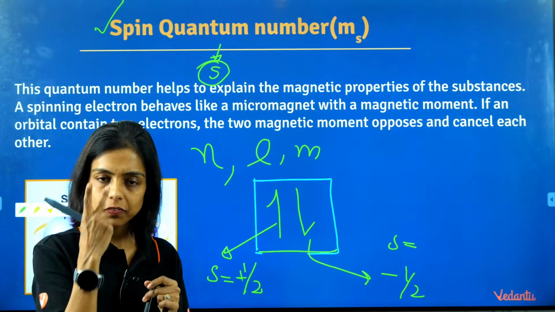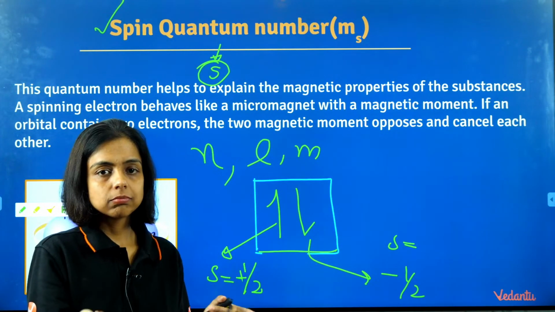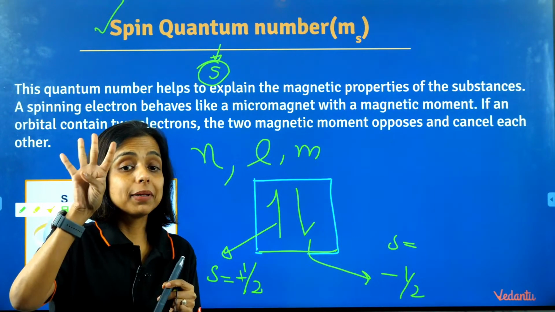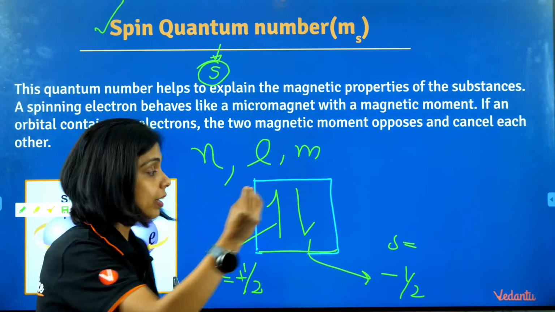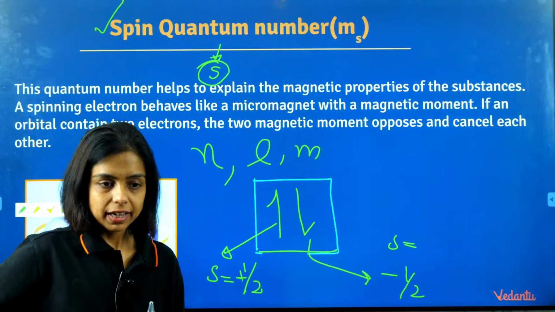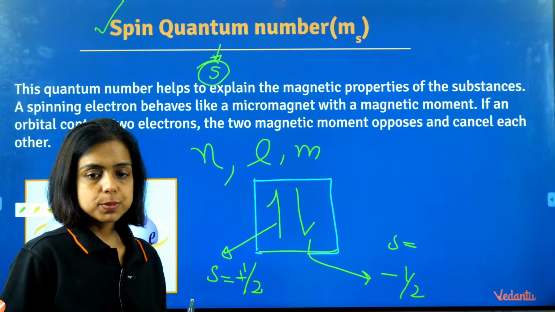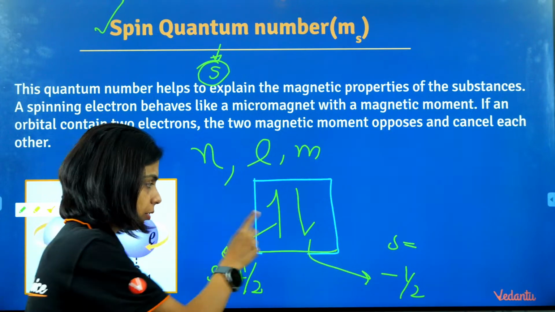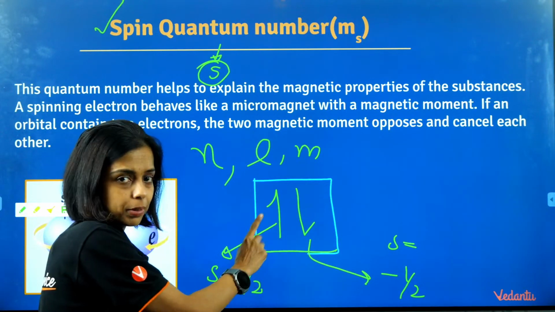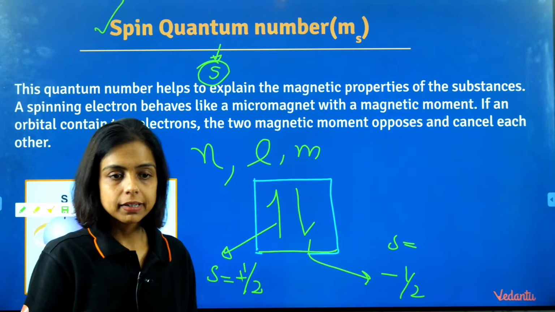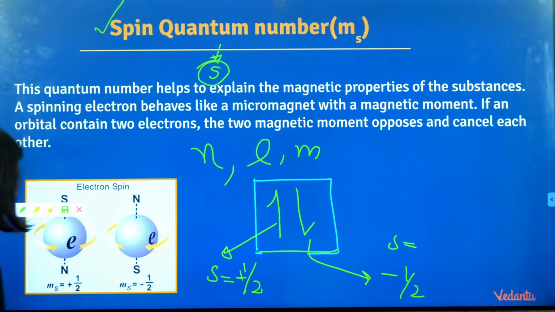So if there are 2 electrons, one is plus half, another is minus half. The fourth quantum number is at least different for these 2 electrons. I can differentiate spin up, spin down. You can give plus half to this one also, but if this is plus half, the other will definitely be minus half. Right?